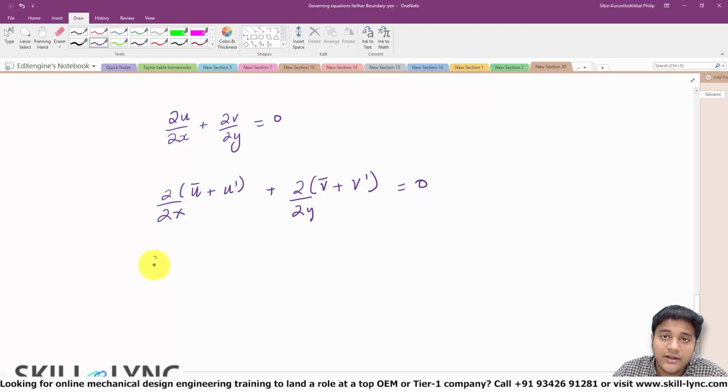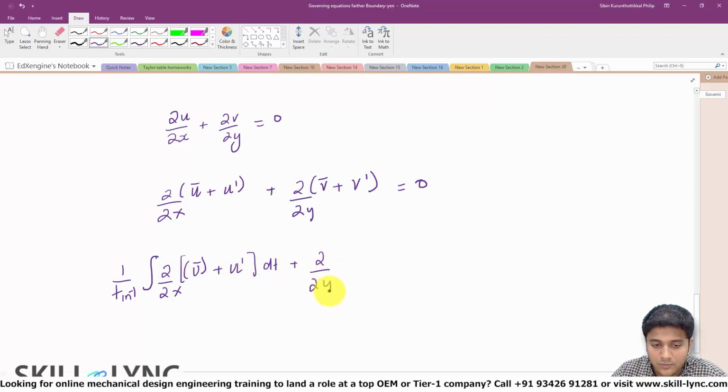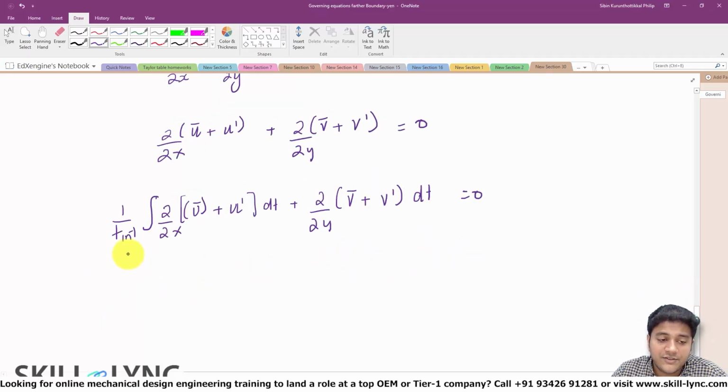The second thing is to integrate this entire equation with respect to time and do a time averaging. Okay, so let's go on with further simplification, and then I split this equation into multiple integrals.